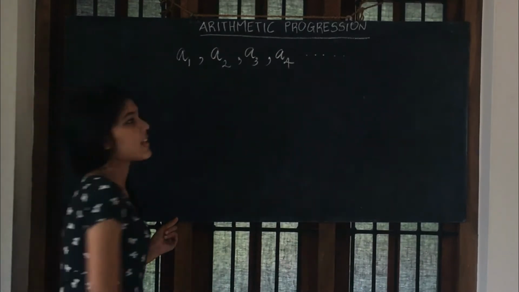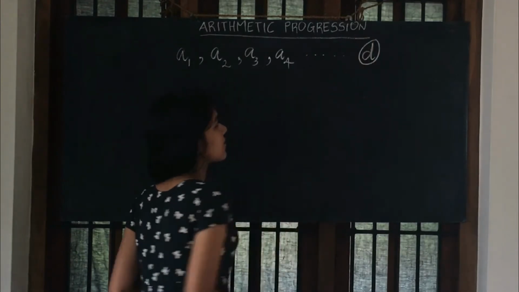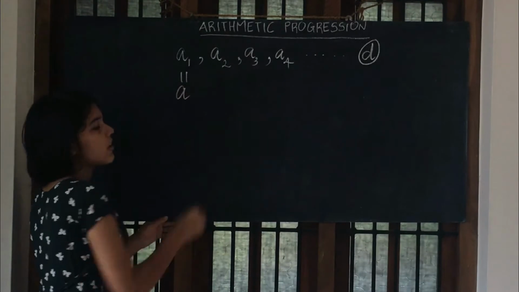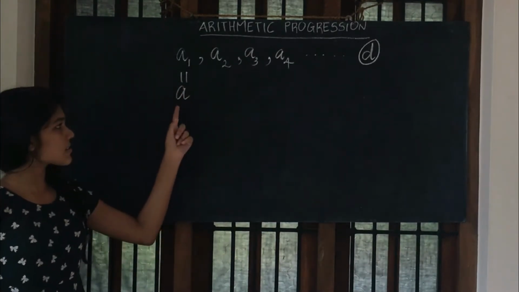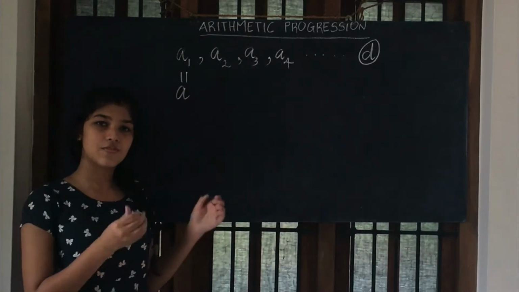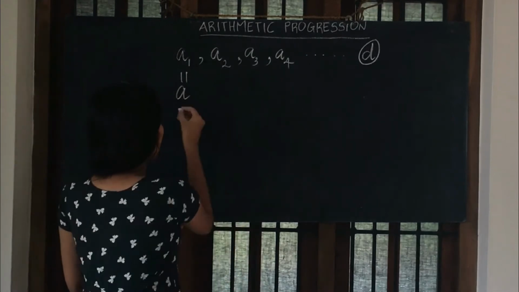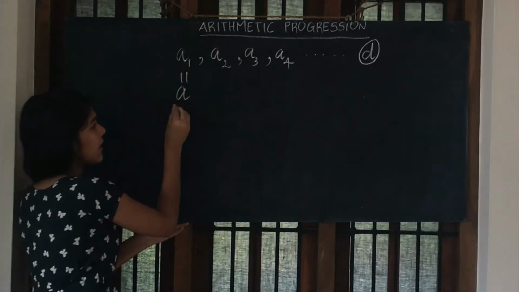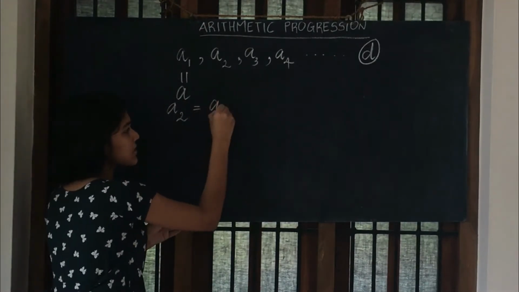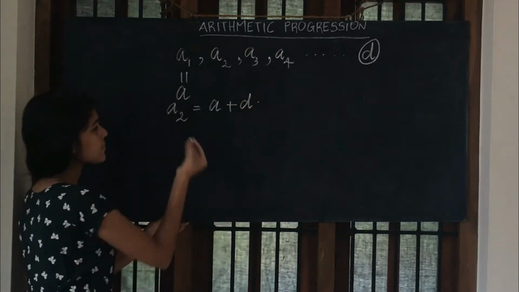It's also given that the common difference of this particular AP is D. Let us take A1 equal to A, so that we have our first term as A and the common difference as D. If we have the first term and the common difference, it's quite easy to form an AP, right? If the first term is A, then the second term A2 will be equal to the first term A plus the common difference D.